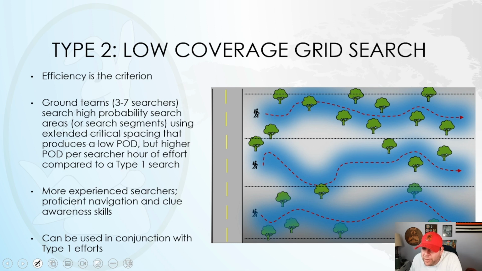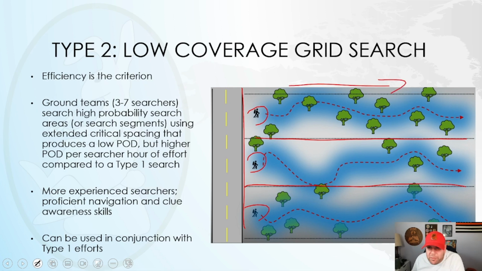But what we're trying to do is we're trying to space our searchers out. As you can see here, we have our searchers spaced out along a baseline here. This is what we call the baseline, which would be the road. And you see how they're spread out, and each searcher is going to have a lane, and we're all moving towards the same direction in an orderly fashion.